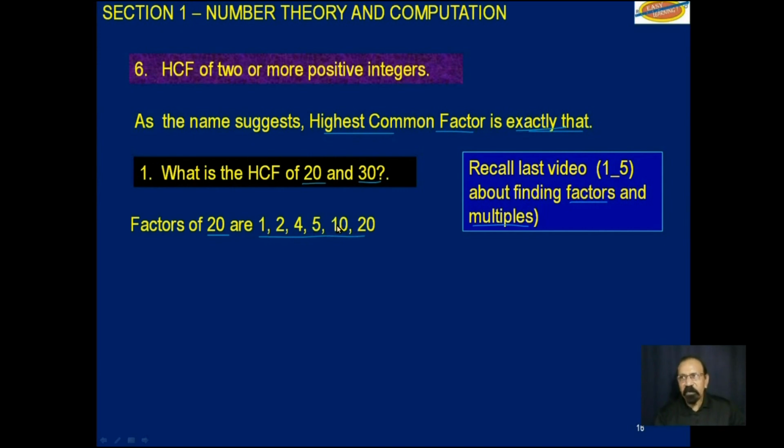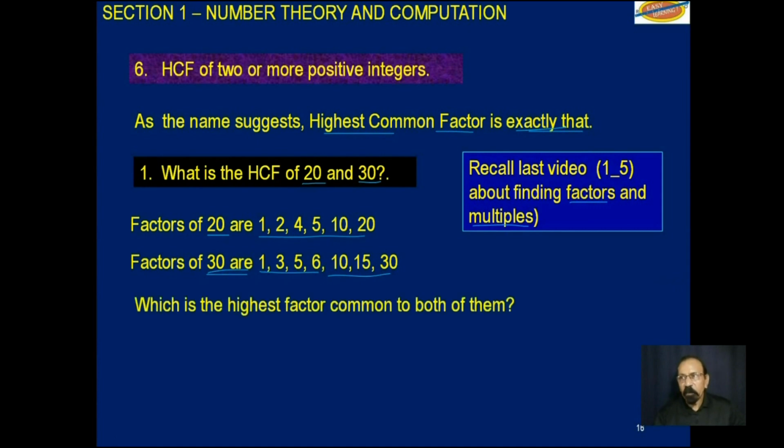These are numbers that can divide 20 without a remainder. The factors of 30 are these, 1, 3, 5, 6, and so on. These are all numbers equal to or lower than 30 that can divide 30 without a remainder. So we are dealing with the highest factor, not the lowest common multiple, but the highest factor.